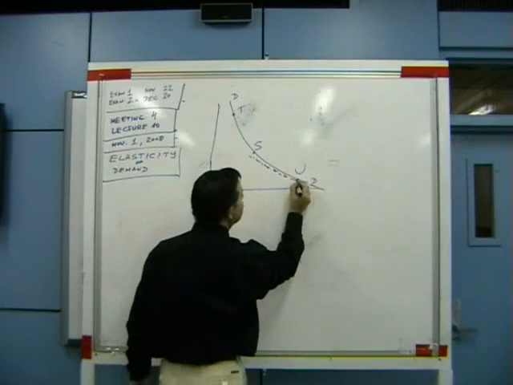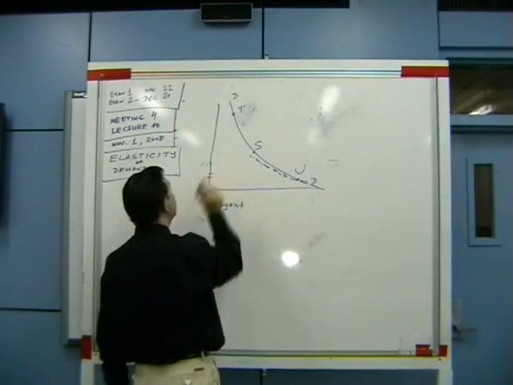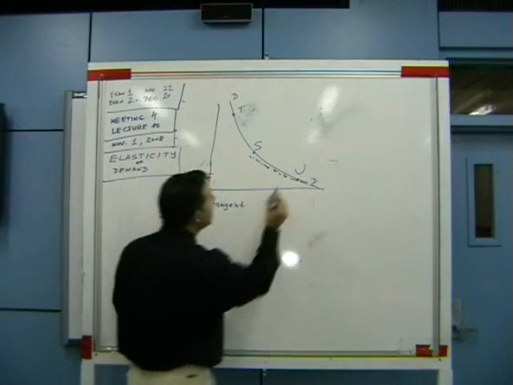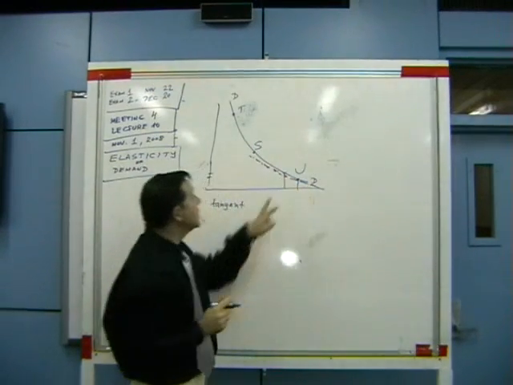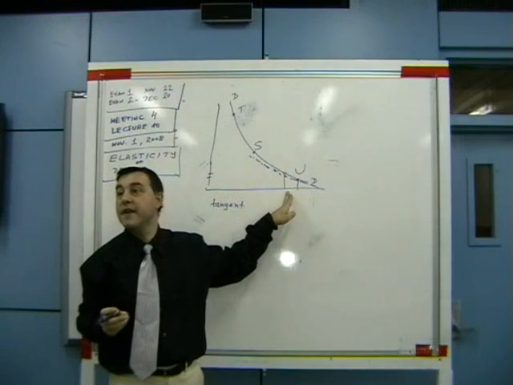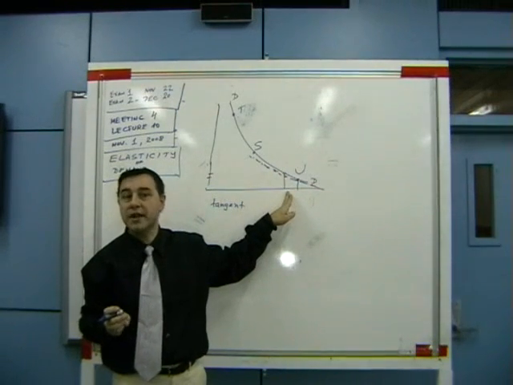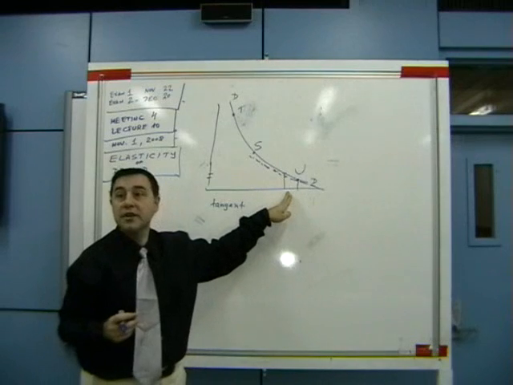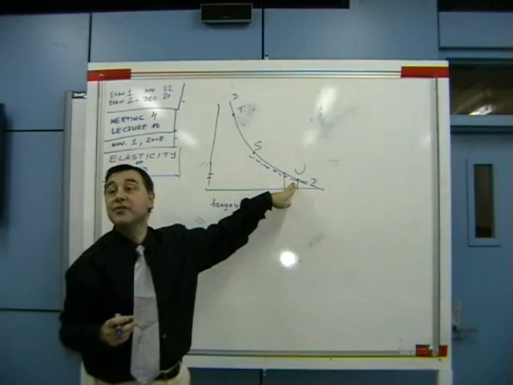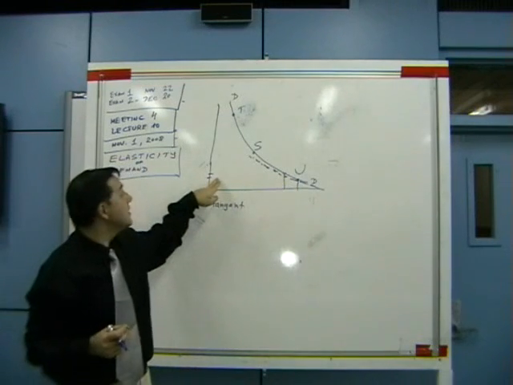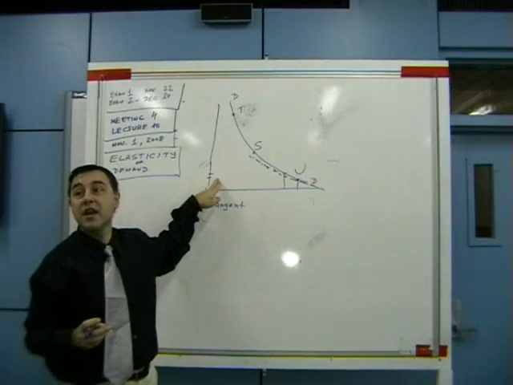So the price from here changes a little, and when the price changes a little, you see that quantity changes fairly much. All right? So in general, when it's relatively flat, the elasticity is relatively high.